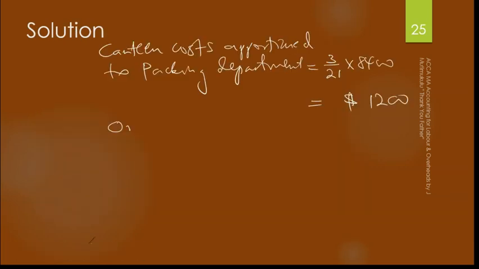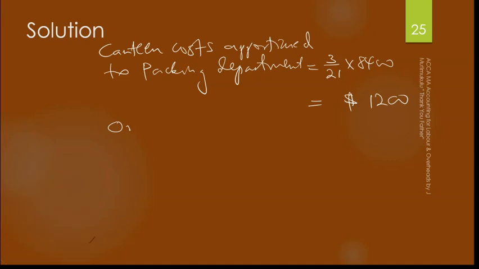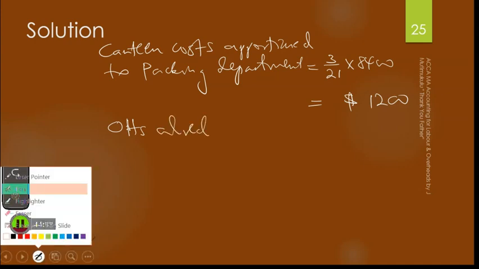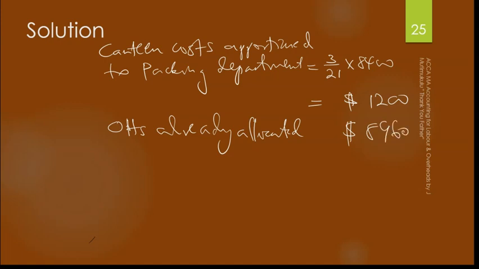So we come to the drawing board and say plus overheads already allocated, 8,960.